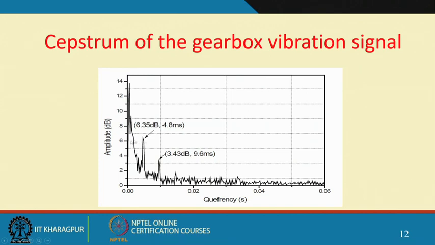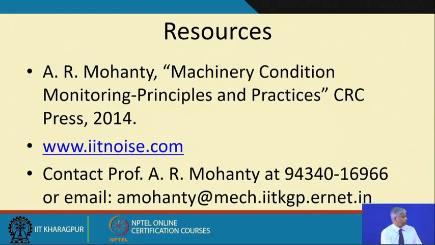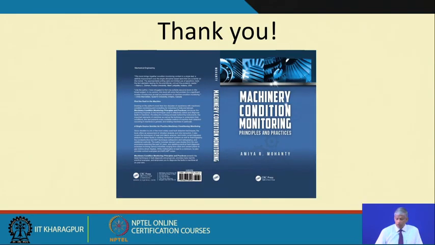So, if I monitor this amplitude over a period of time in a gearbox where there are a lot of vibrating signals, I can monitor at these Q frequencies and find out the faults in the gearbox. So, this is how gearbox defects can be found out. Of course, there are other methods like thermography, motor current signature analysis, etc., which we will discuss subsequently, and some of them are discussed in my book. Thank you.